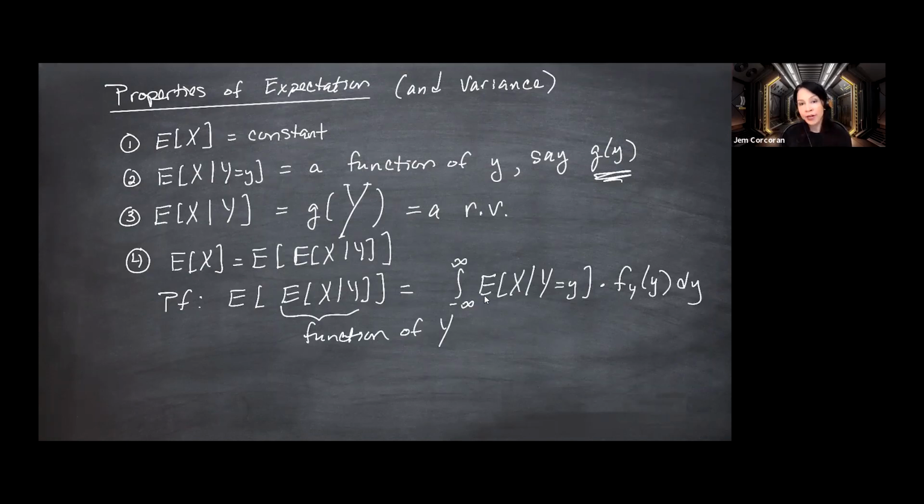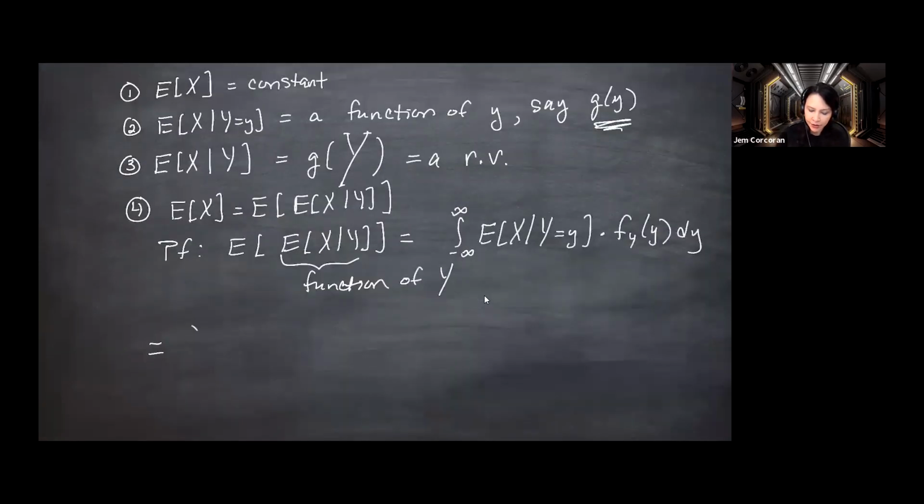And then we already defined how to compute the inner expectation. It's another integral. So this would be the integral from minus infinity to infinity of the integral from minus infinity to infinity of x times the conditional PDF for x given y dx. And then out here I've got f_Y(y) dy.